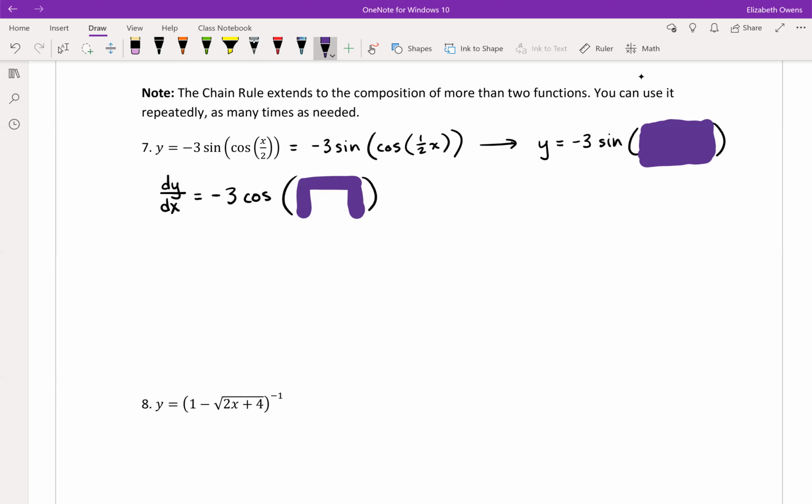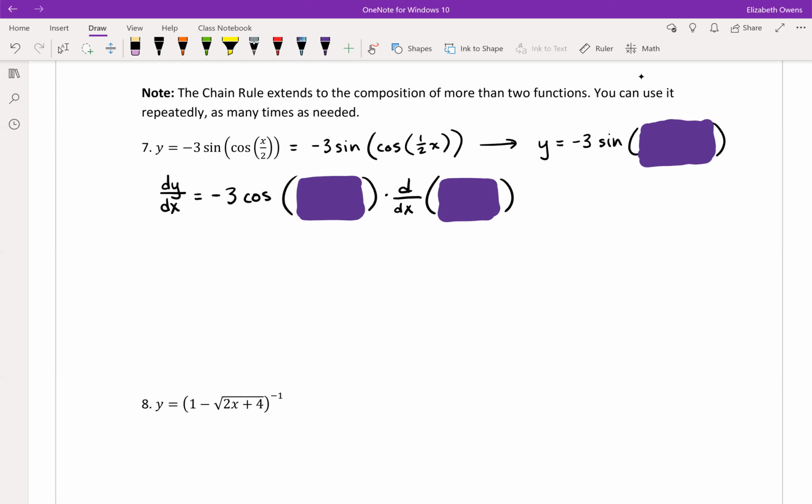The derivative of that is -3 cosine of the purple rectangle, times the derivative of that purple rectangle. Now you would uncover that purple rectangle and see what is underneath.